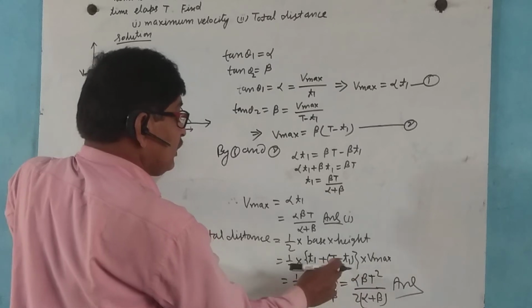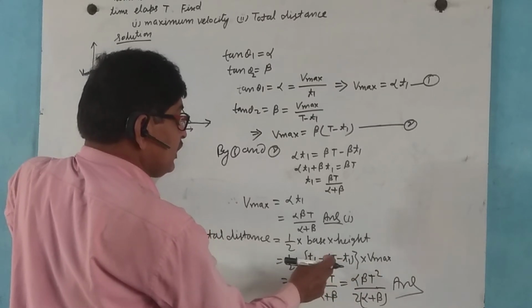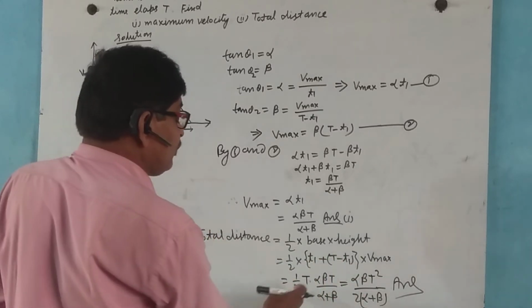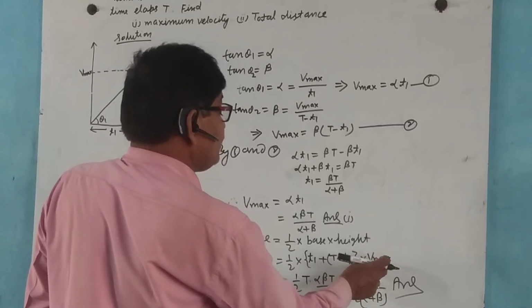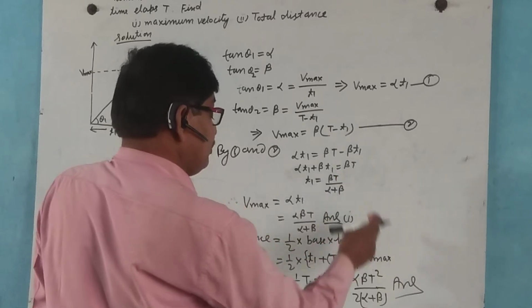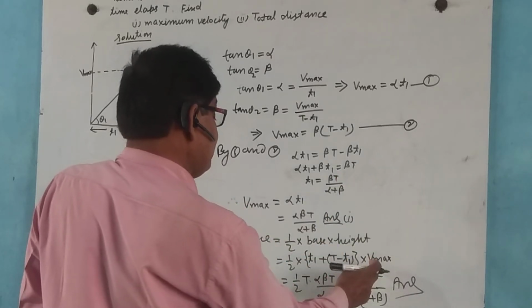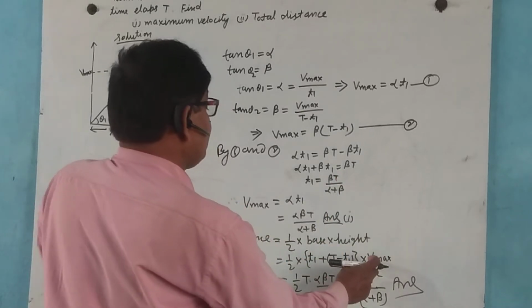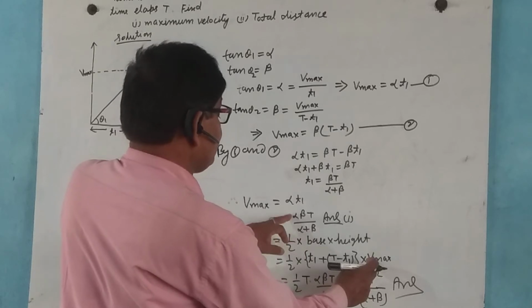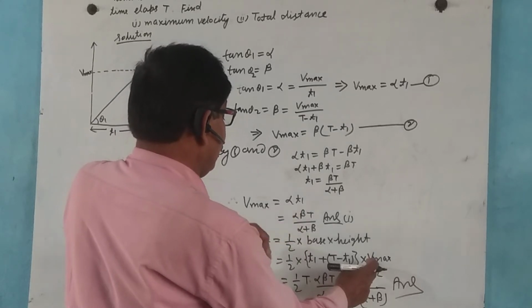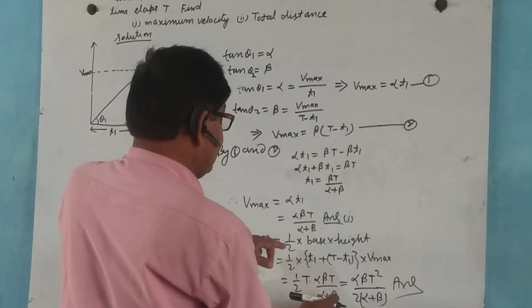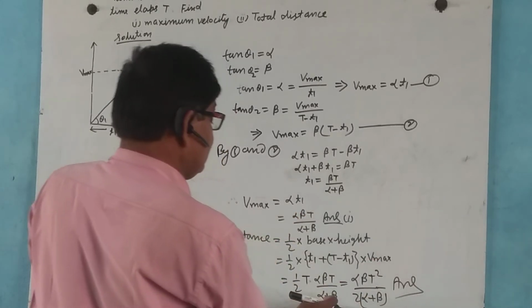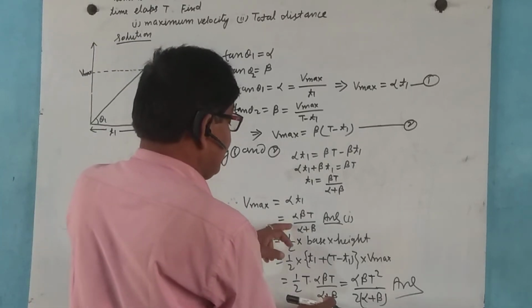so that T and T1 cancel, total T, so 1 by 2 T into V maximum. V maximum is equal to alpha beta T divided by alpha plus beta.